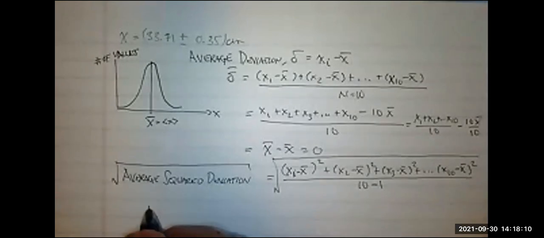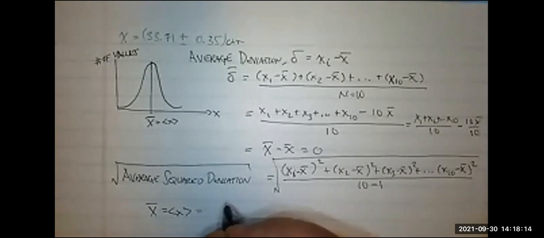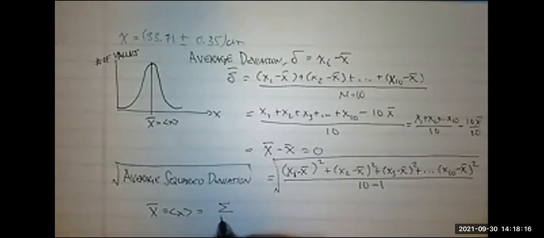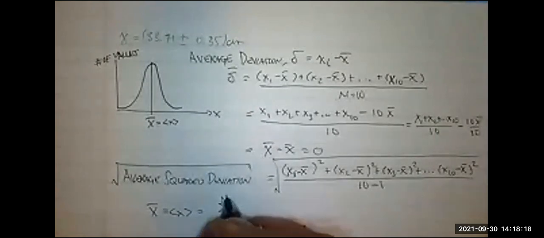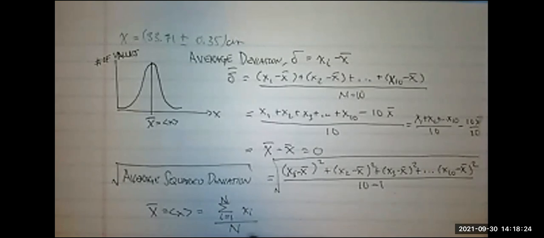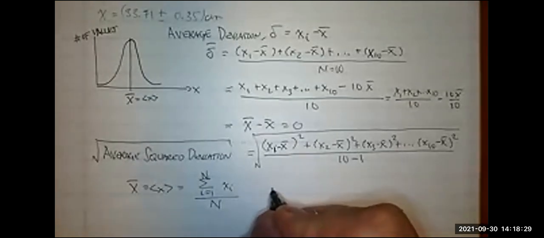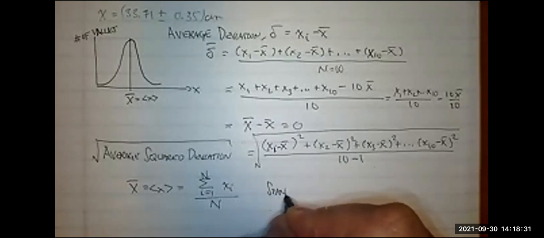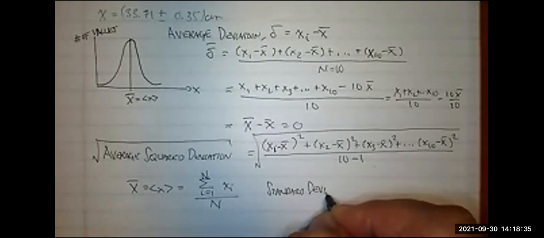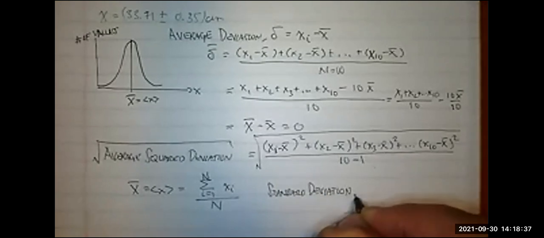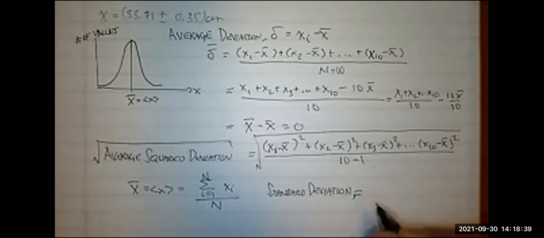So our mean, x bar, is given by this fancy formula: the summation from i equals 1 to n, where n is the number of trials, of x sub i, and then I divide that by n. There's also something called the standard deviation, which I'll put equals there.